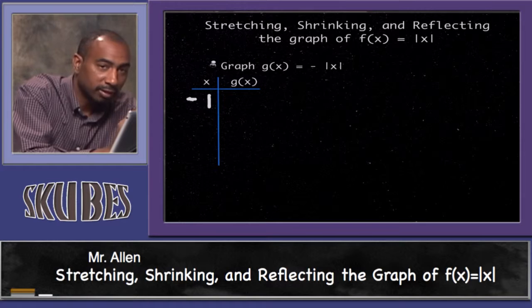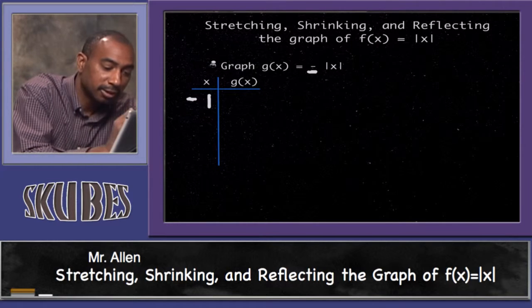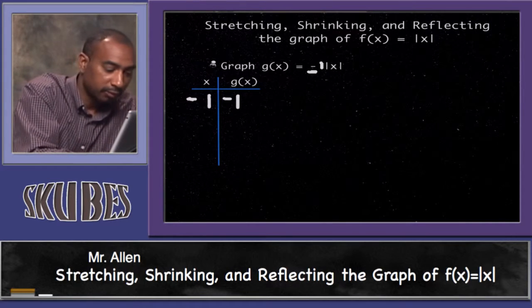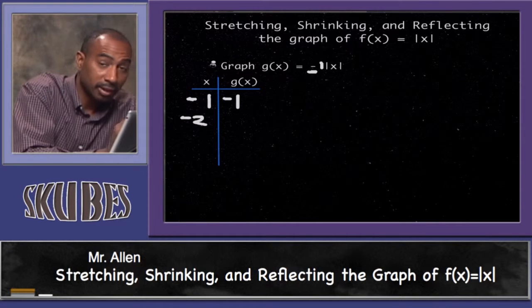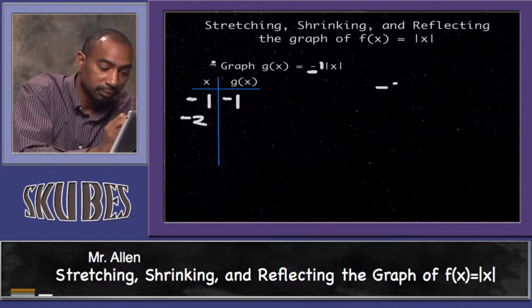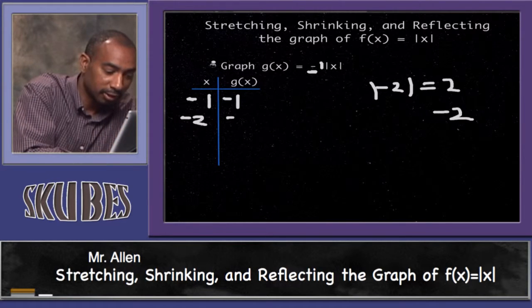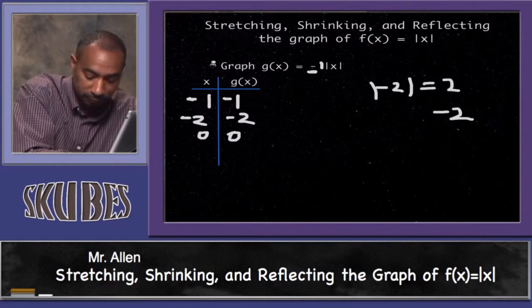The absolute value of negative 1 is positive 1, but don't forget, you have to apply this constant. Think of this as a negative 1 out here. So negative 1 times 1 is negative 1. If I have negative 2, the absolute value of negative 2 is 2, but you still have to apply the negative, so you're going to get a negative 2. Of course, 0 is going to be 0.